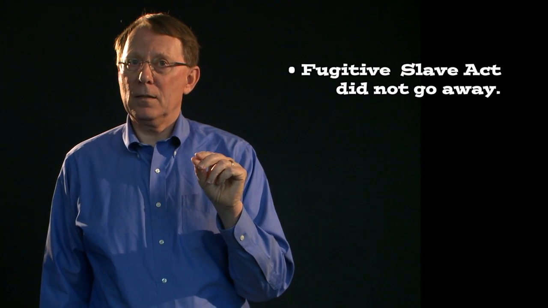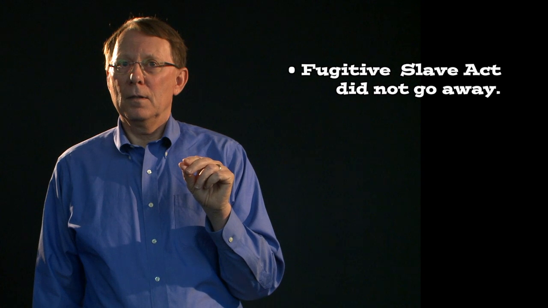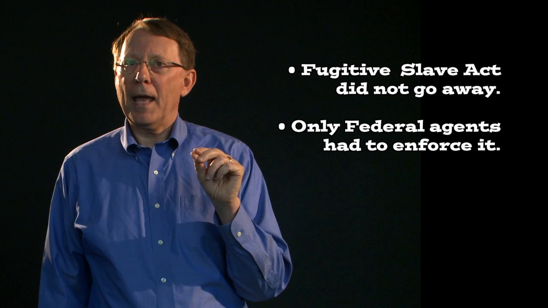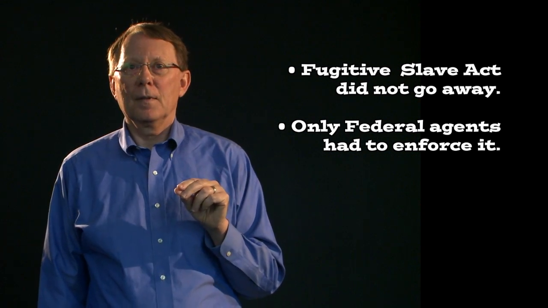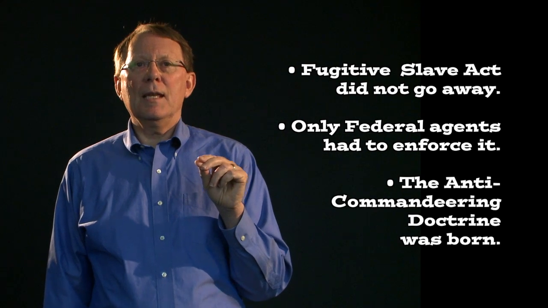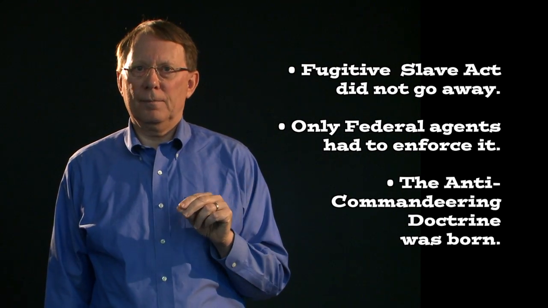In other words, the Fugitive Slave Act still stood, but the court said only federal agents had to enforce it. Historians call this aspect of the decision the anti-commandeering doctrine.